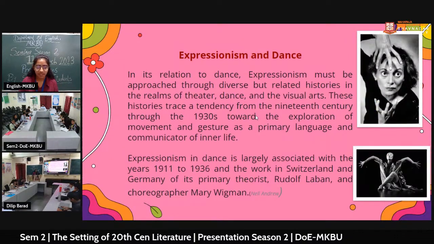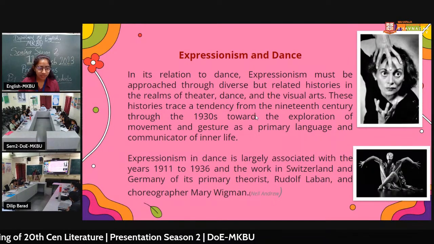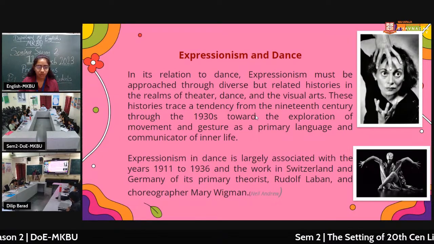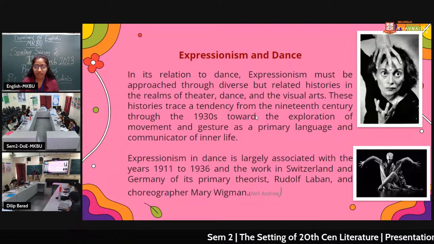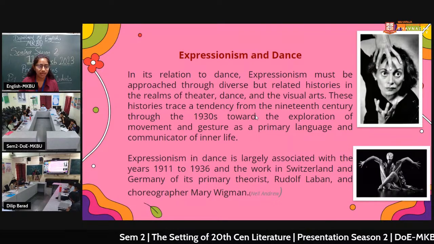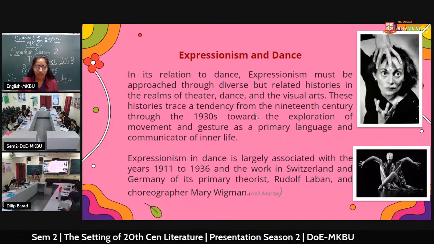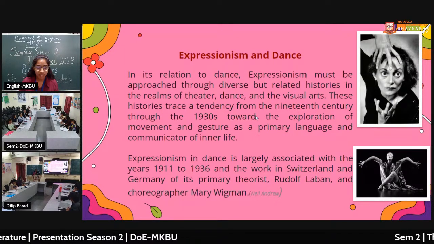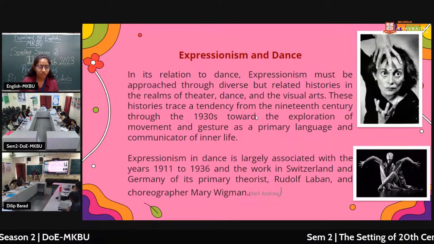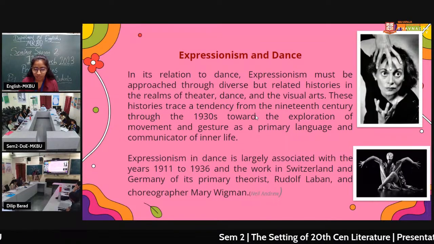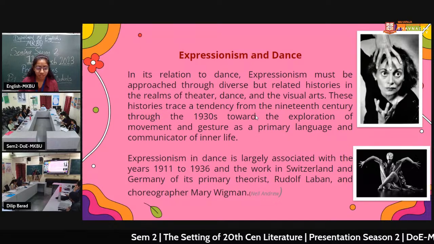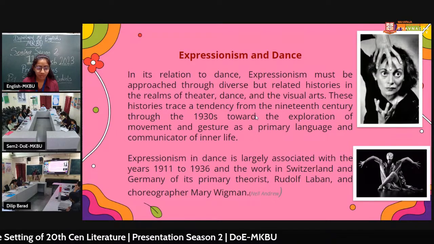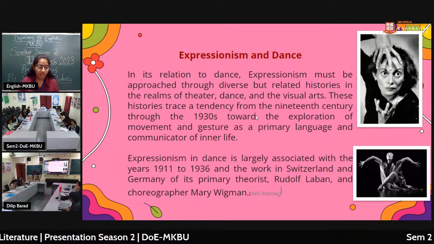Then, expressionism and dance. In its relation to dance, expressionism must be approached through the diverse but related histories in the realms of theater, dance, and the visual arts. Those stories trace a tendency from the 19th century through the 1930s towards the exploration of movement and gesture as a primary language and communicator of inner life.